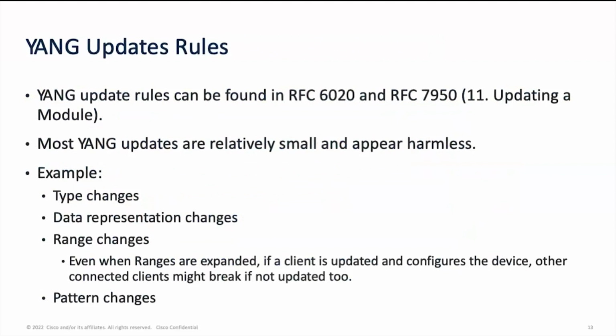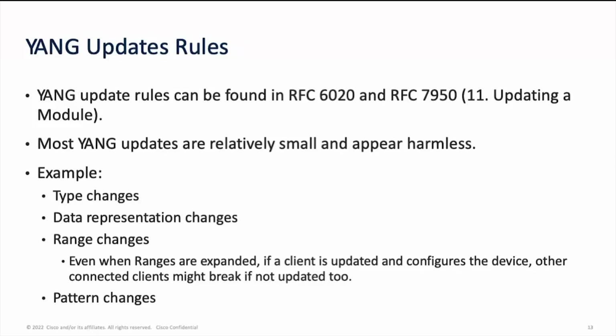So what are these update rules that we keep mentioning? These rules can be found in RFC 6020 and also in RFC 7950, specifically in section 11, updating a module. Most YANG updates are relatively small, and something that's experienced daily is that when updating YANG modules, you may introduce or change something so small that you think it's not going to affect backward compatibility.